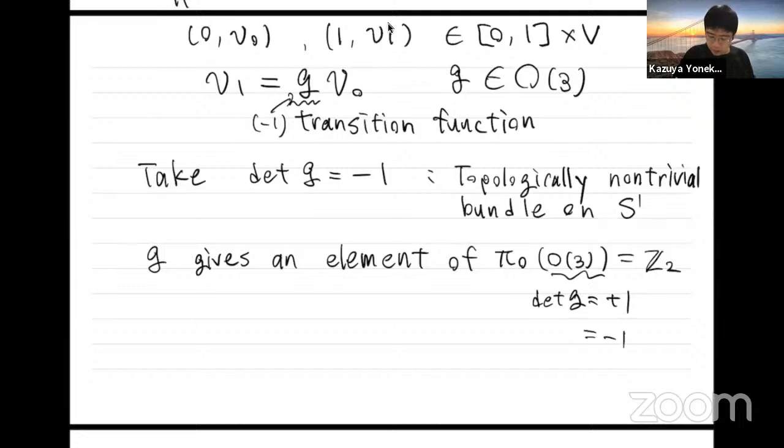Because it has two connected components, the pi 0 of this O3 is given by Z2.